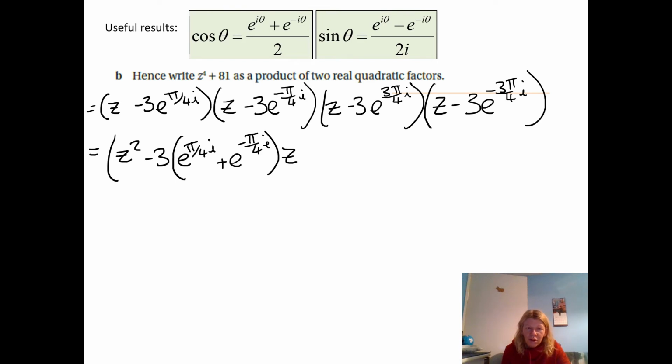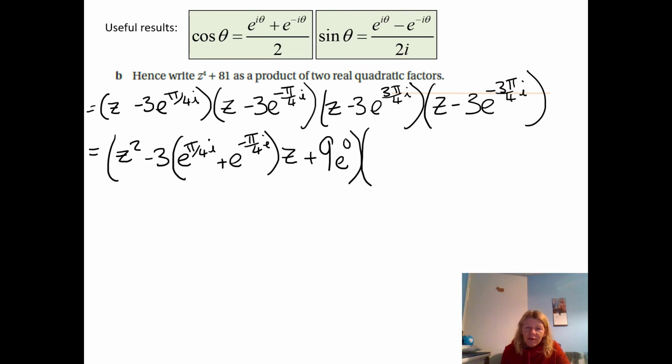That's just two middle terms added together. And then we get that one times that one, which would be plus 9, and because they're both e's, add the powers, and it's 0, e to the 0.